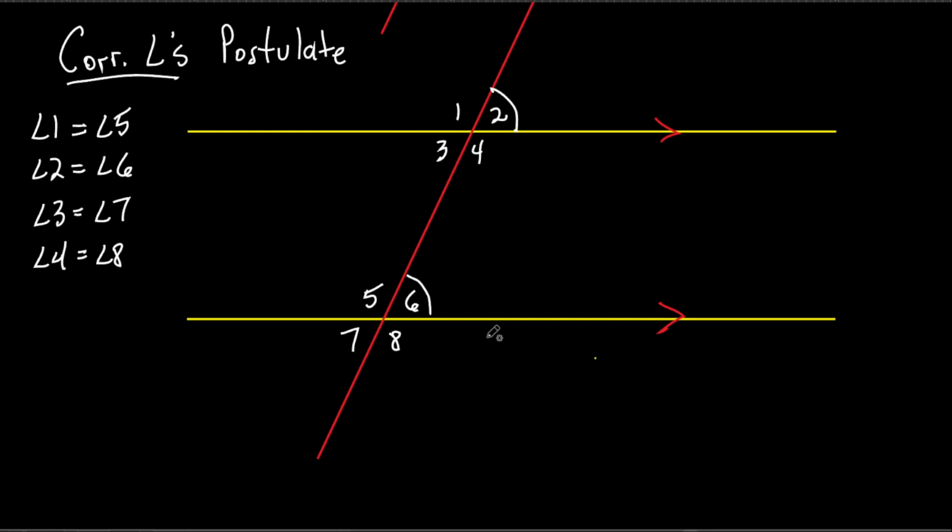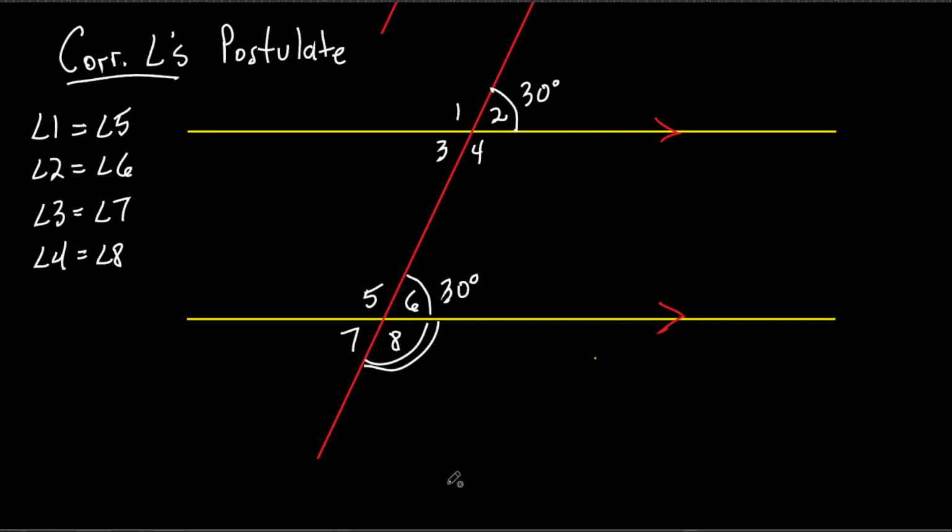Let's think for a second here. This isn't officially part of this, but what if I gave you angle 2 was 30 degrees and I asked you to find angle 8? So if 2 is 30 degrees, then 6 is what? 30 degrees. But what if I asked you to find angle 8?